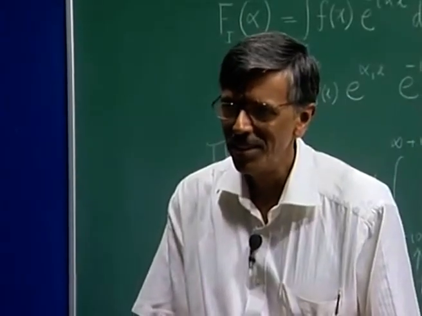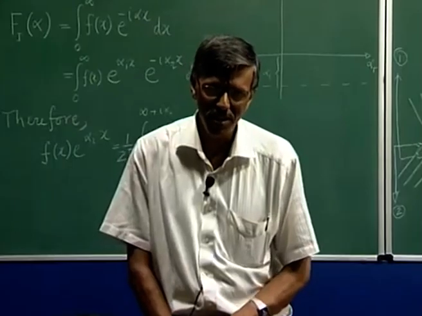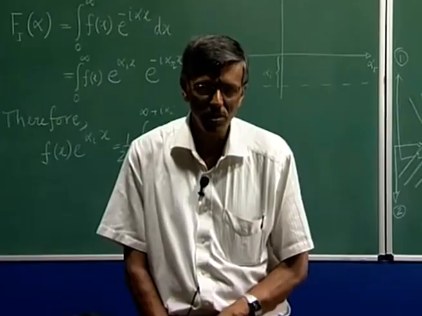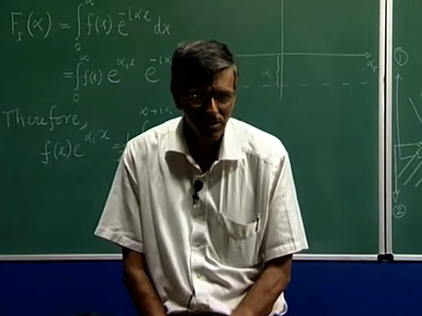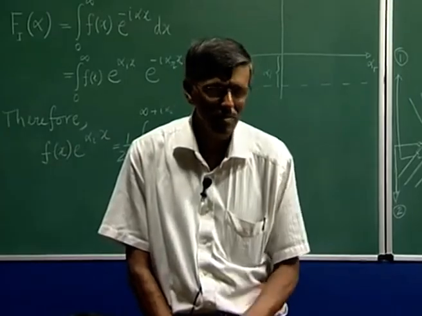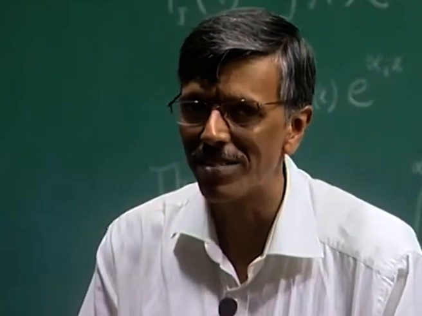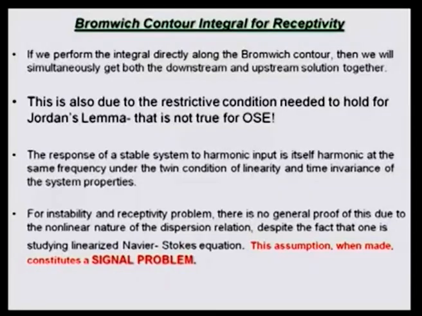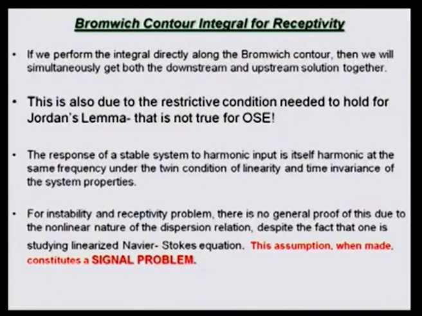How can you reconcile to that fact that you have very analytic functions, the solutions are supposed to be possessing all kinds of derivatives and continuous, and at the same time at the excitation you have a jump discontinuity. This cannot be necessarily true. So, what happens is this Bromwich contour integral solves that issue, because it gives you a solution both upstream as well as downstream.